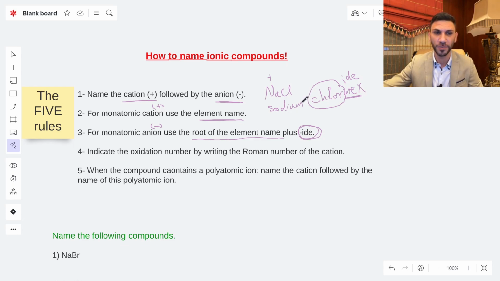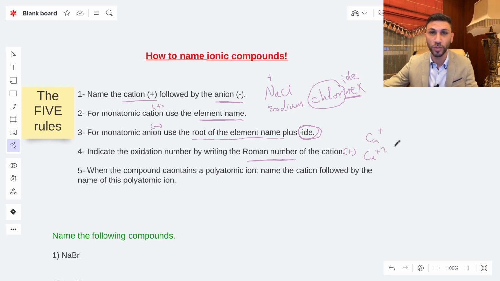not chlorine. Number 4, indicate the oxidation number by writing the Roman number of the cation, the positive one. Basically, this one is for the transition elements because those elements have more than one oxidation number. For example, Cu could be positive 1 or could be positive 2.